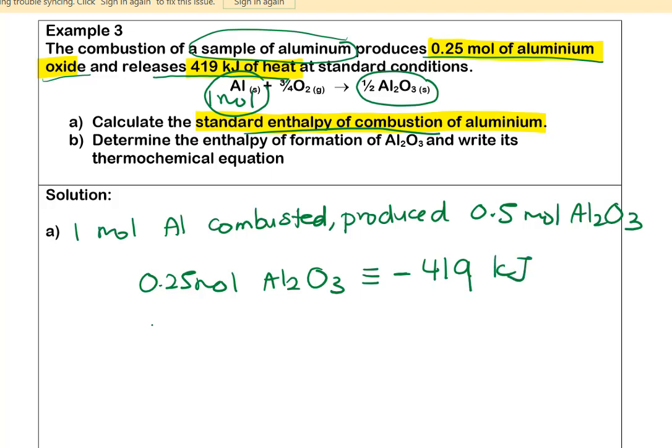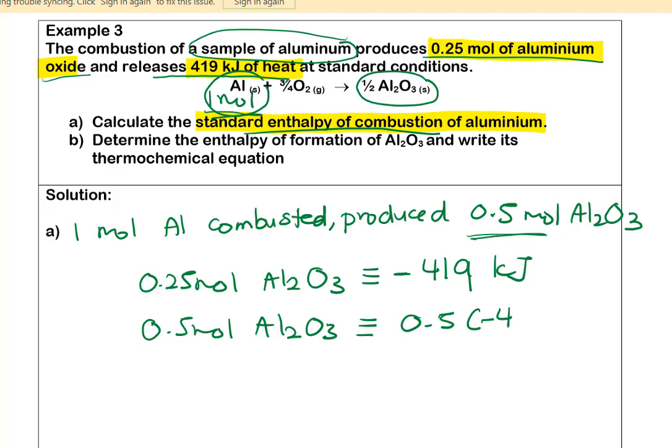Okay, so kita nak kena cari untuk 0.5 mole because 0.5 mole of aluminium oxide produce bila kita bakar 1 mole. So kita buat stoichiometry lah.